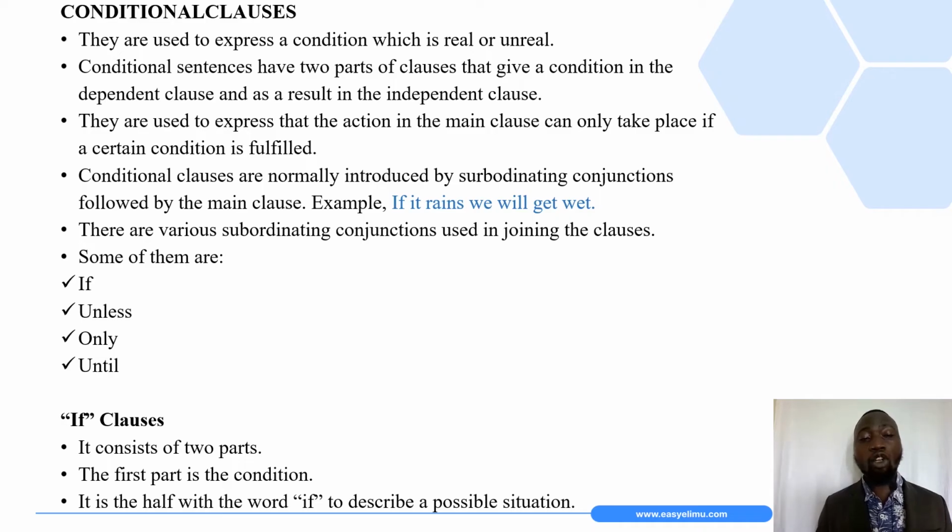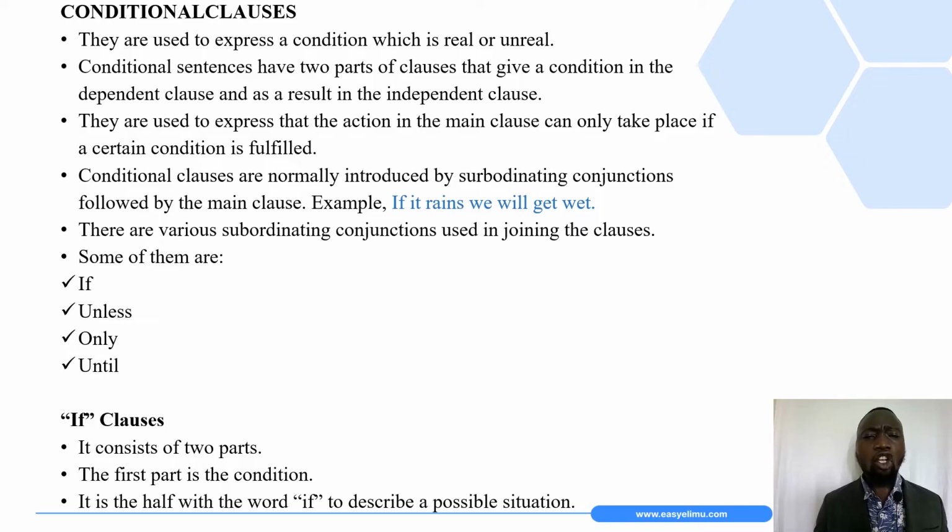A dependent clause, therefore, needs the help of an independent clause to express a complete thought. Back to conditional clauses, they are used to express that the action in the main clause can only take place if a certain condition is fulfilled.